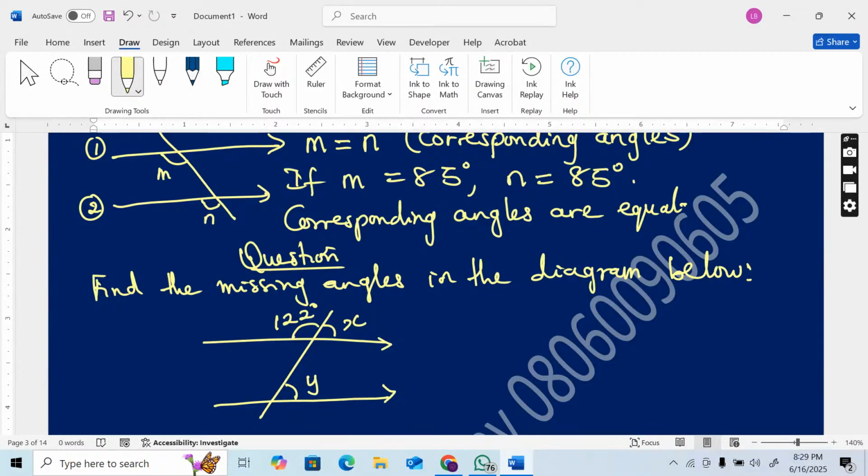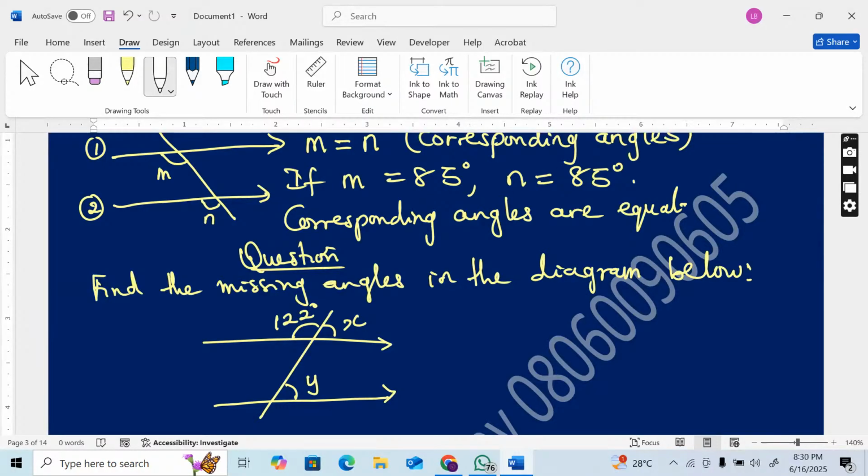So how do I go about this? The first thing I need to find is angle X before I'll be able to find angle Y. Now, when I look at the first parallel line, I can see that angle X and 122 degrees are on a straight line. You know, angles on a straight line will sum up to 180 degrees.